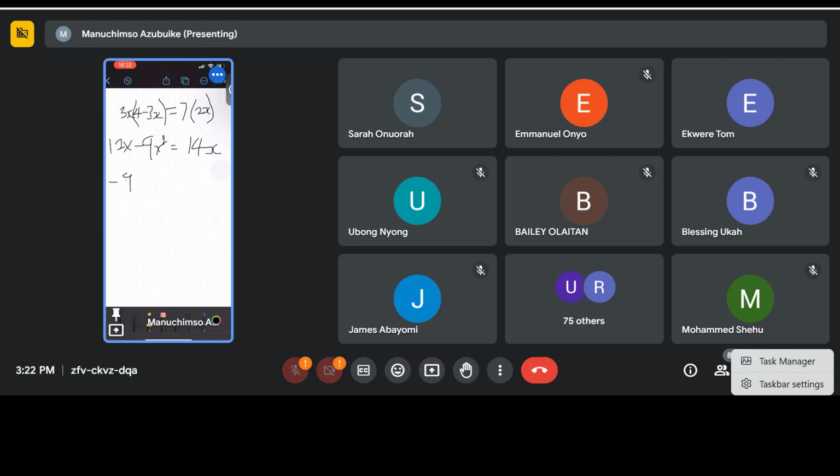Minus 9x squared plus 12x. Bringing this 14x to this side, we are going to have minus 14x is equal to 0.